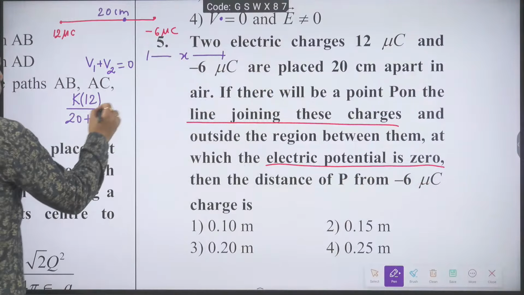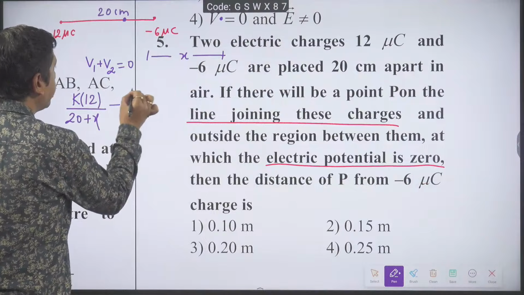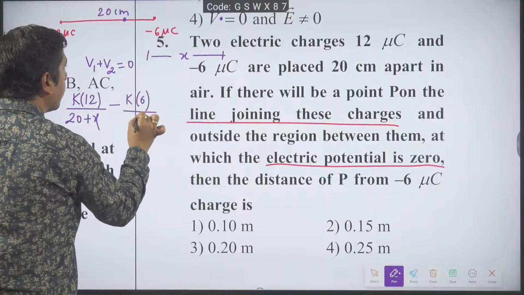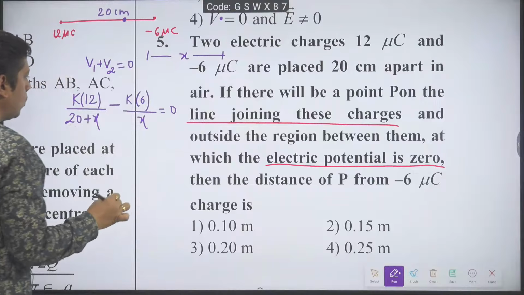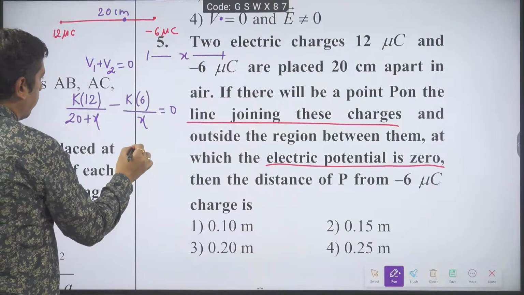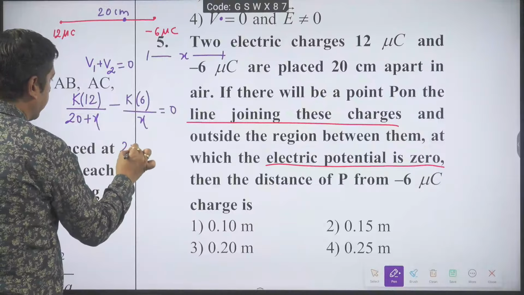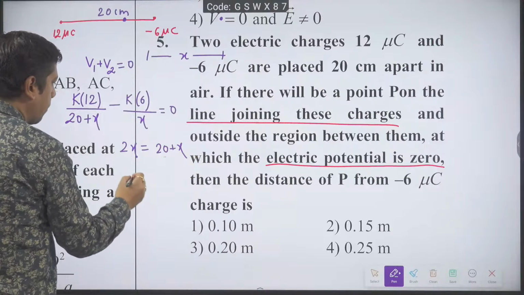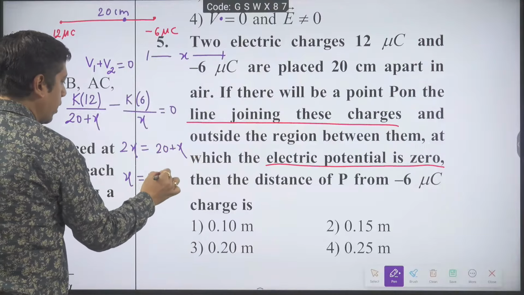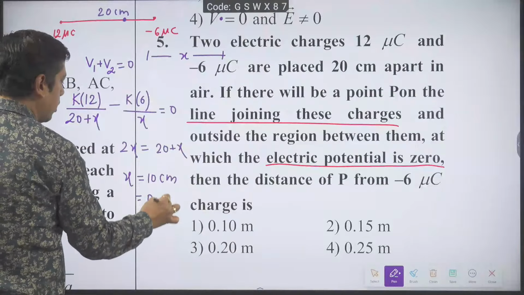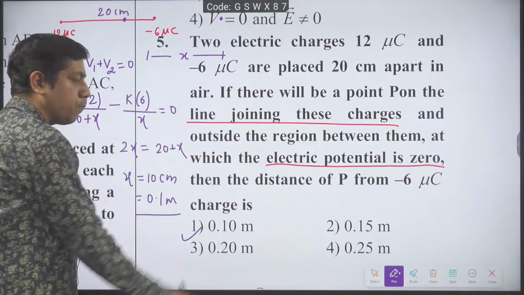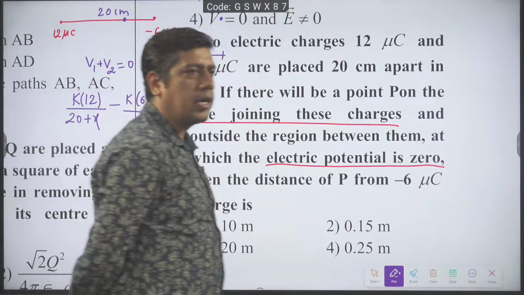So minus, because potential due to -6 will be negative, equal to 0. If you cross multiply, we will get 2x equal to 20 plus x. So x equals 10 centimeter, which is 0.1 meter. So the first option seems correct. Direct formula also we can use.